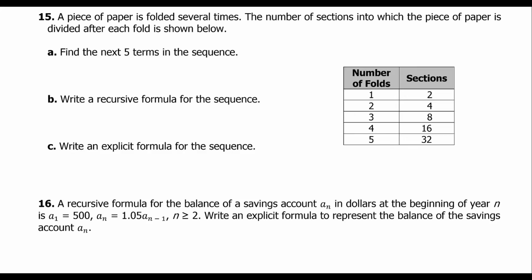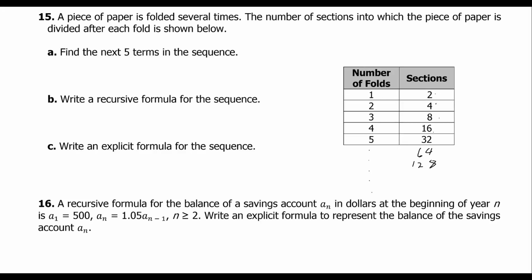So 1, 2, 3, 4, and 5. So the next 5 terms, well, we're doubling, right? So 2 doubled is 4, 4 doubled is 8, 8 doubled is 16, and then 32 doubled is, of course, going to be 64. And then 64 doubled is 128.